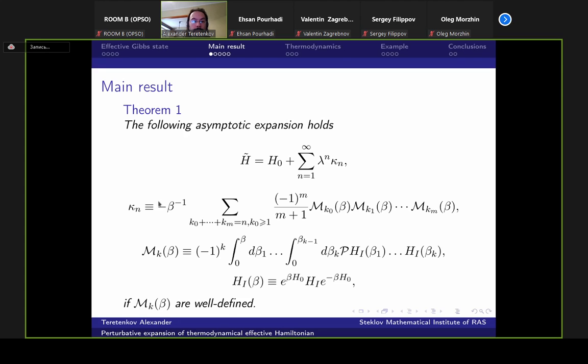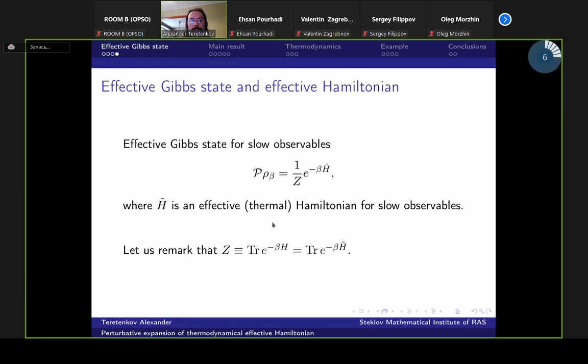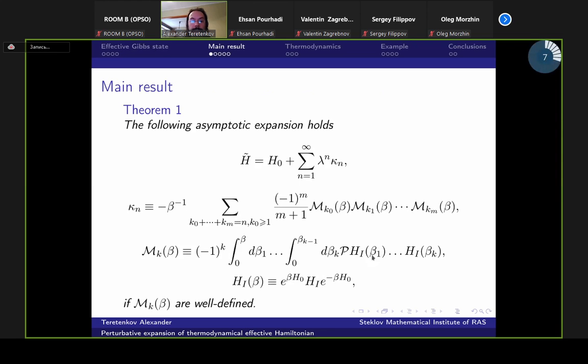For this series, these kappa n are some kind of non-commutative cumulants, and they are defined by the perturbative expansion of this effective Gibbs state.